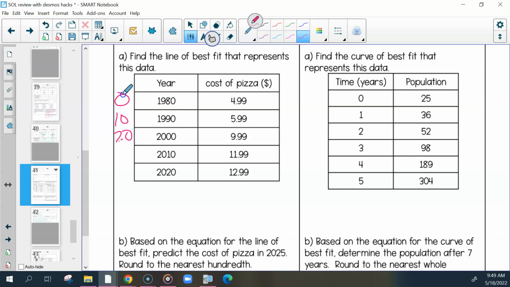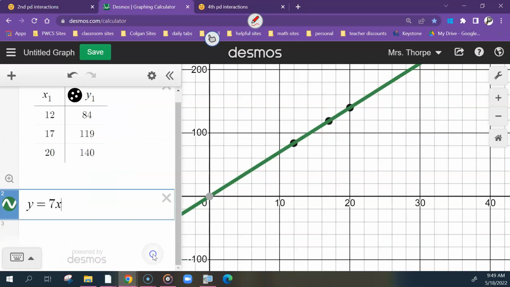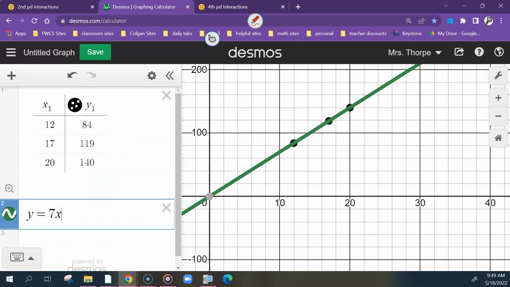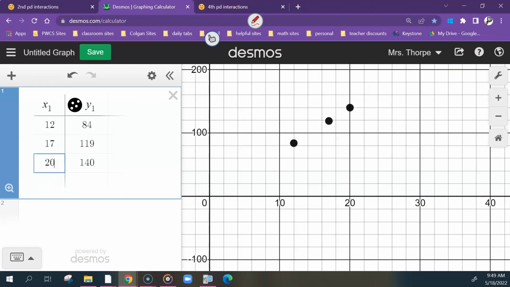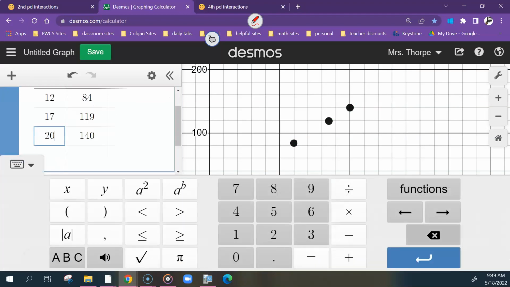From 1980 to 2010, and then to 2020. Now remember that sometimes you can assume what those are, but that's not always the case. Sometimes they change it. So we're going to put these values, 0 through 40, and these values into Desmos. I'm going to make a table. Get rid of all these values.